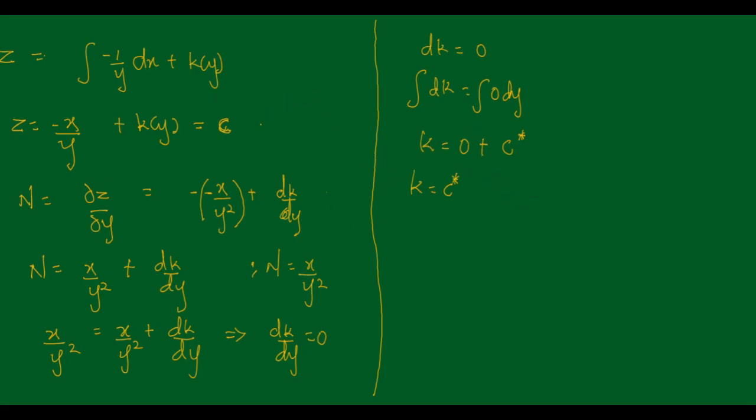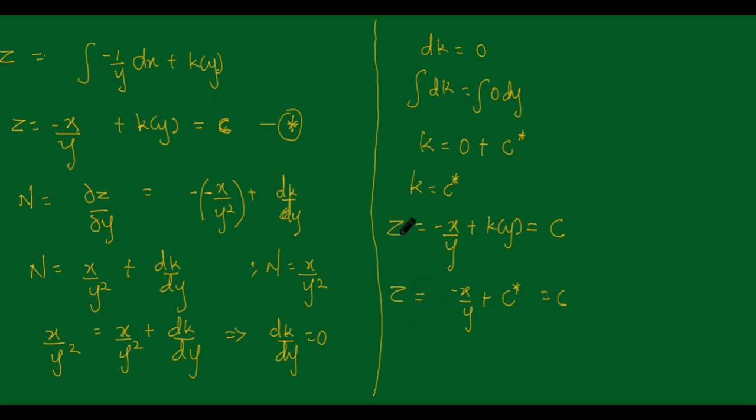You can now substitute this in this equation. So z will be equal to minus x all over y plus ky. And this must be equal to a constant. So you can say z is equal to minus x all over y plus c asterisk is equal to c. And since c asterisk and c are constants, we could just combine them together.